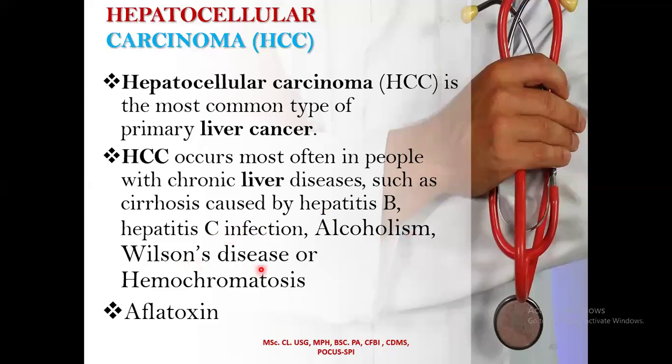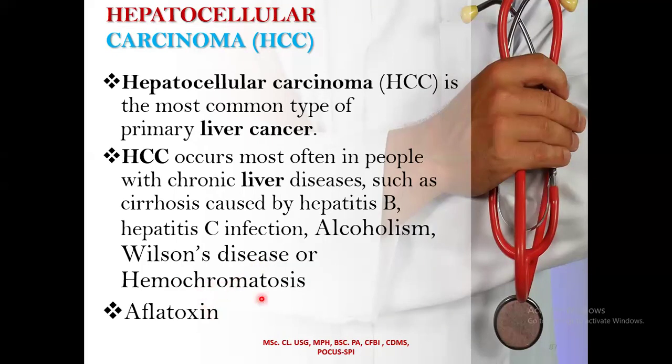However, Wilson's disease is accumulation of excess copper in the liver. We have copper in our system, but if it becomes excessive and deposits in the liver, then it is going to cause continuous inflammatory reactions, which can also cause scarring of the liver to cause cirrhosis, and that will lead to hepatocellular carcinoma.